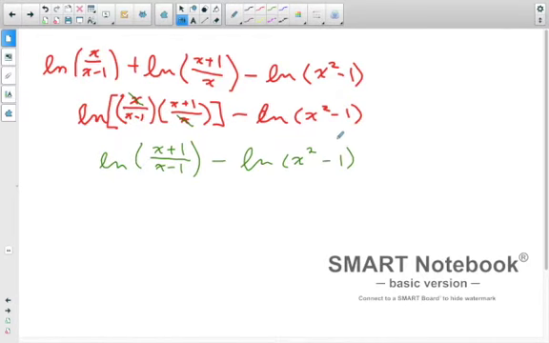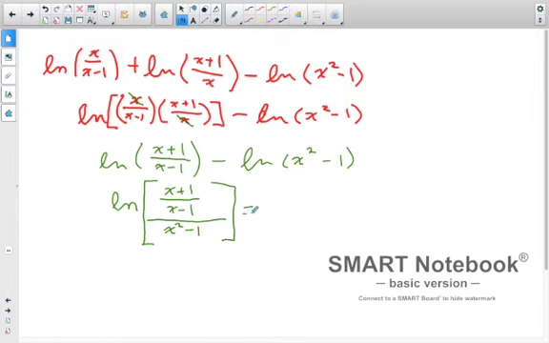Okay, now we are subtracting exponents. And since we are subtracting exponents, that means we divided whatever it was that we originally had. So the natural log of x plus 1 divided by x minus 1, divided by x squared minus 1. And now we just have to simplify down.